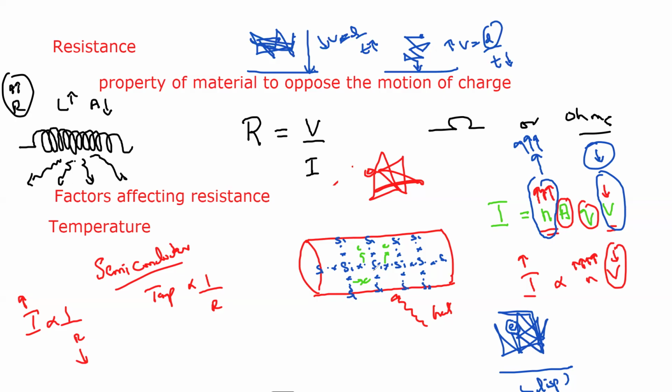At high temperature, the particles take much longer to move out from the wire or the material, so the time is longer and the drift speed is smaller. So greater random motion, lower drift speed. Lower random motion, higher drift speed. Is it clear? The semiconductors and the effect of temperature?